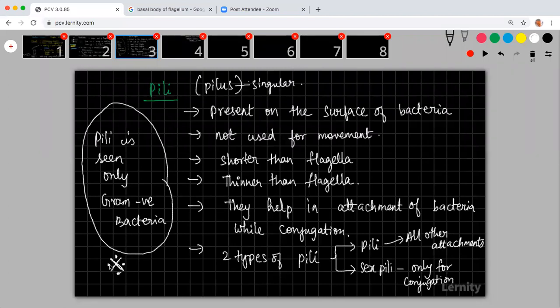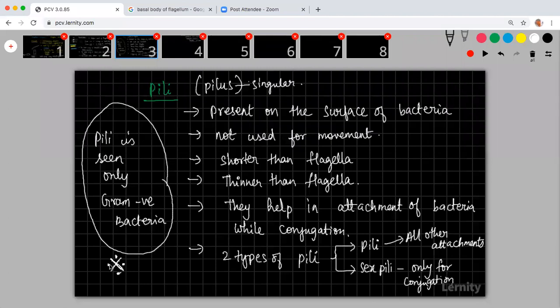If you are having any doubts on this particular page, can you just ask me? Yeah, that is what, gram positive will not have pili. So far, whatever pili has been studied, it has been found only in gram negative bacteria. Yeah, they are like hair-like structures.